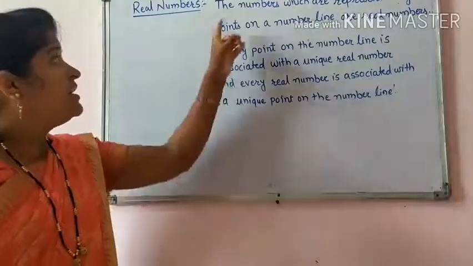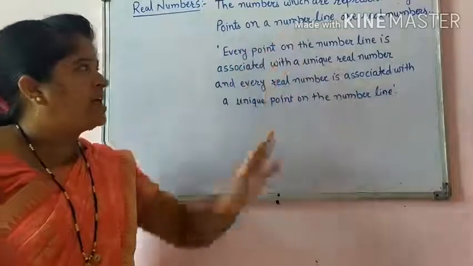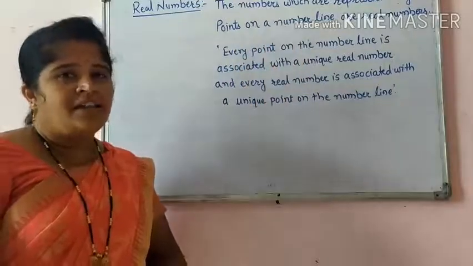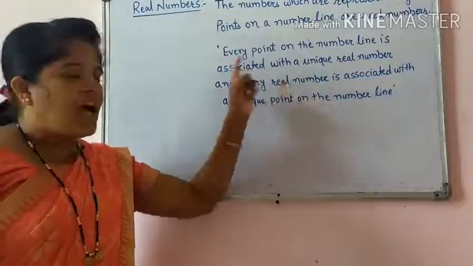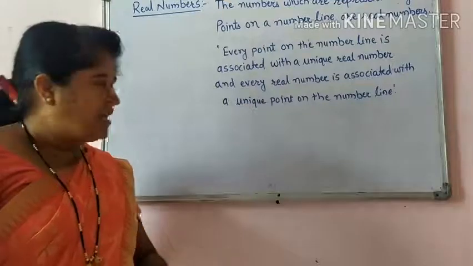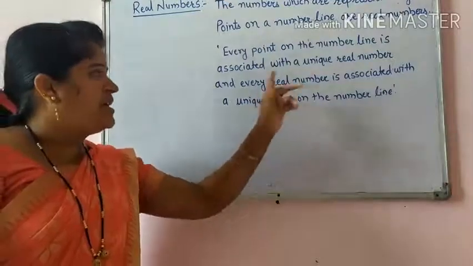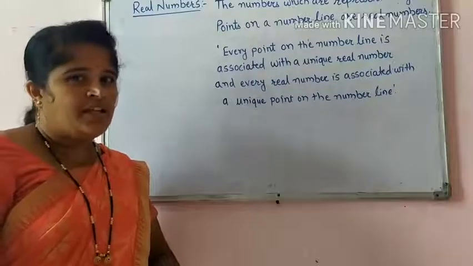Also the numbers which are represented by points on a number line are real numbers. So every point on the number line is associated with a unique real number. Also every real number is associated with a unique point on a number line.